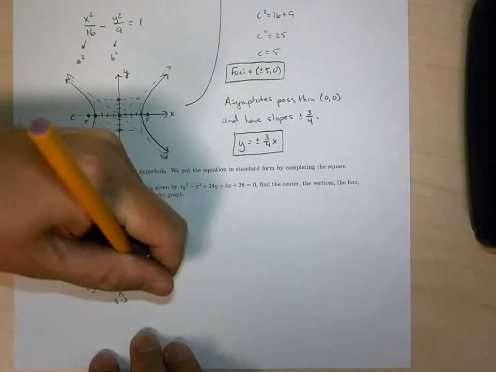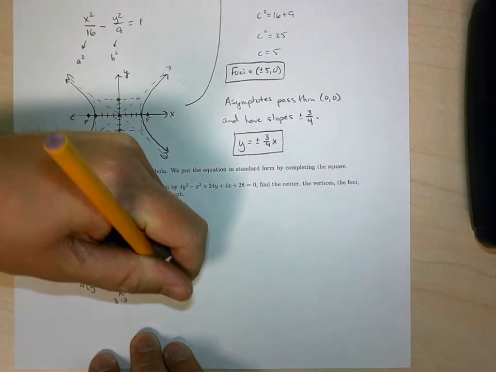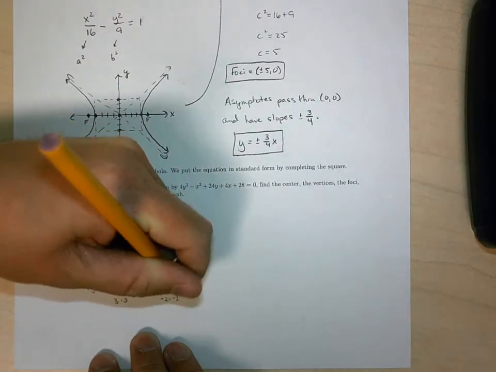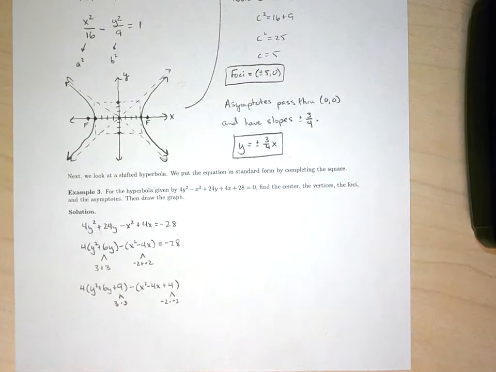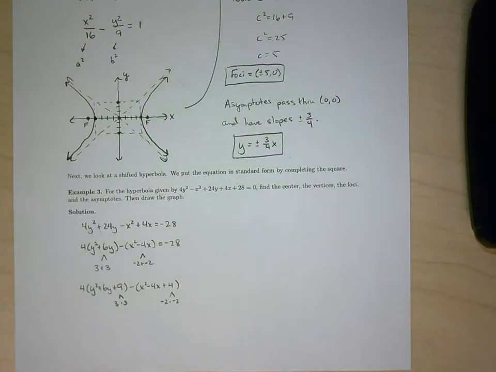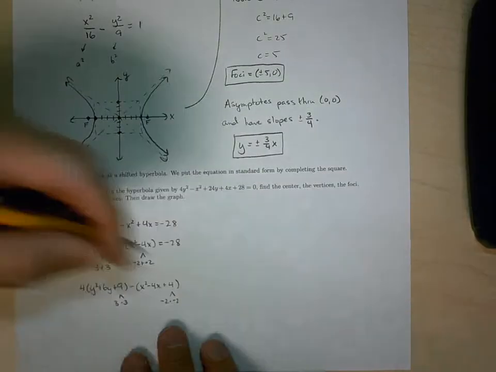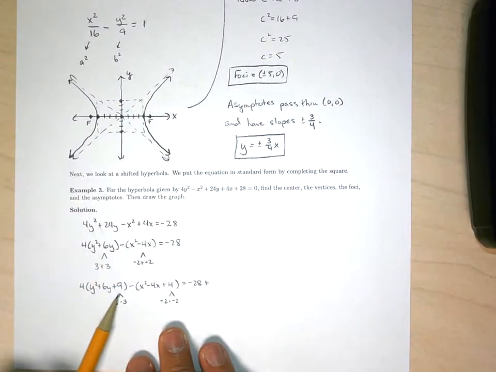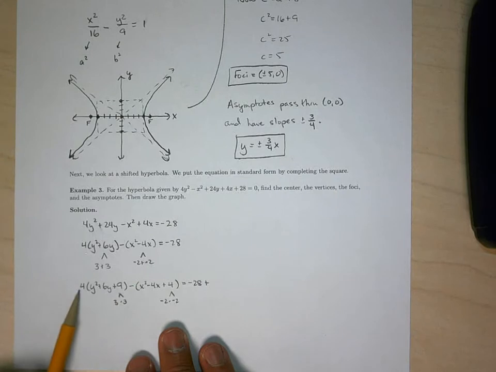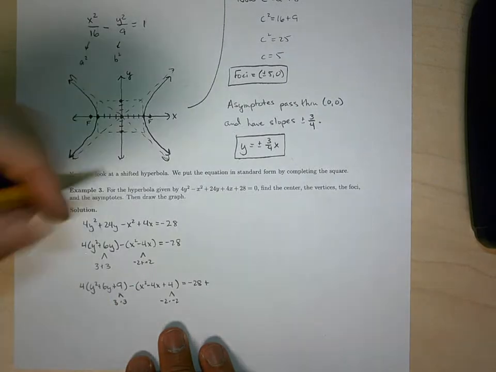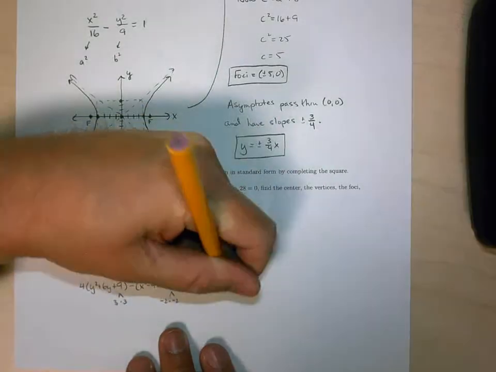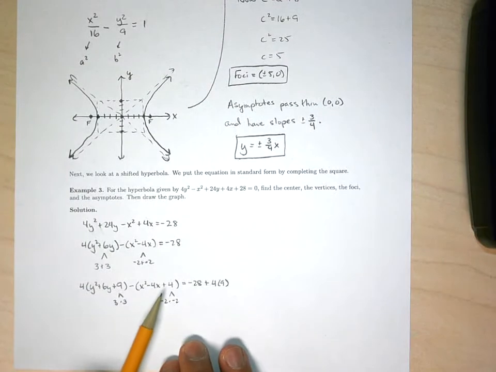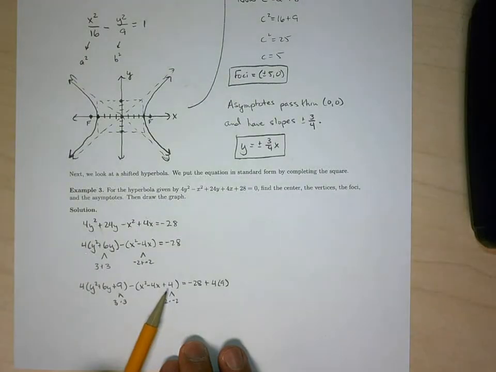And -2 times -2 is 4, so I'm going to add a 4 inside the other parentheses. Now, I have to balance the equation, but let's be careful. I haven't added 9 to the left side. I've added 4 times 9 to the left side. In a similar way, I haven't added 4 to the left side. I've added -1 times 4 to the left side.